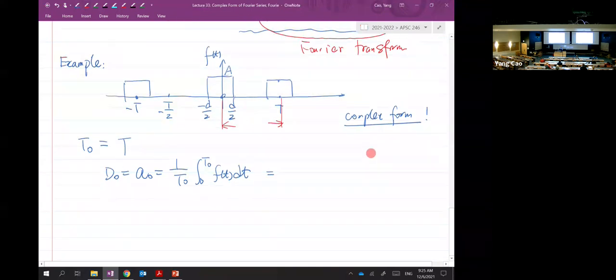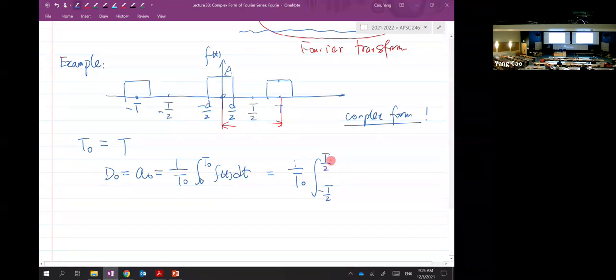Now I didn't show this in the class, but when you integrate a periodic function, as long as you're integrating within one period, the value will actually be the same. So I could integrate from negative T over 2 to positive T over 2 instead of from 0 to T. You could do any one of these, as long as you're integrating over one period.